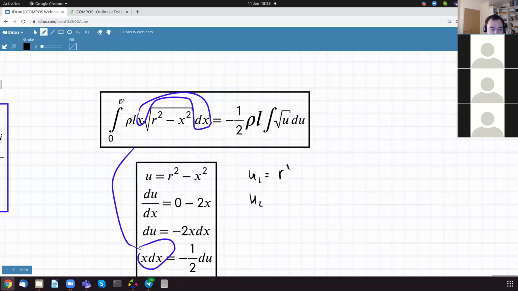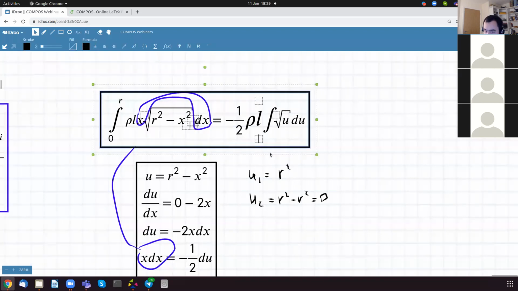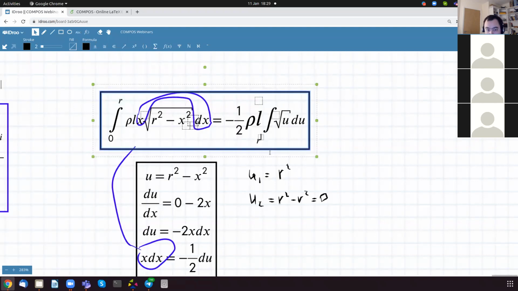For u2, we substitute r instead of x, so we're going to get r squared minus r squared, which is 0. So the limits are going to be from r squared to 0.